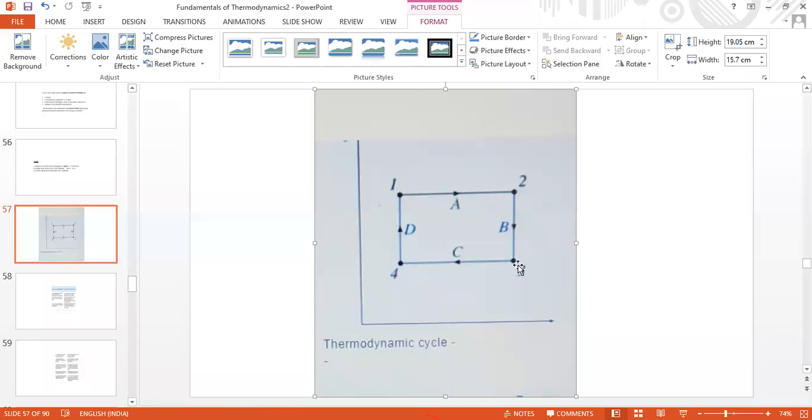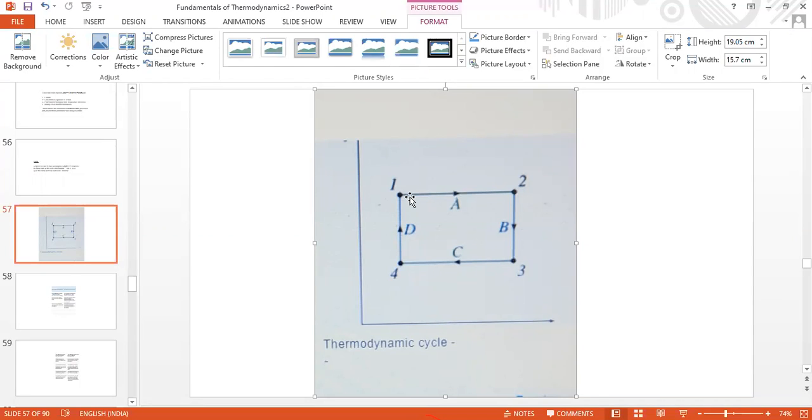In the similar way, the integral PdV value on 3 to 4 is this area. This area is a negative area because this is in the opposite direction. It has to be subtracted, and from the whole, this area minus this area becomes the net area.